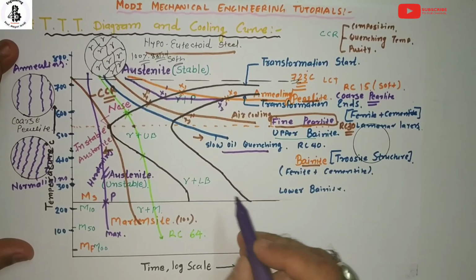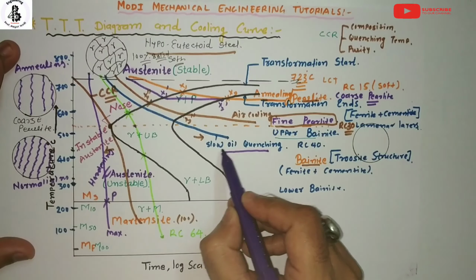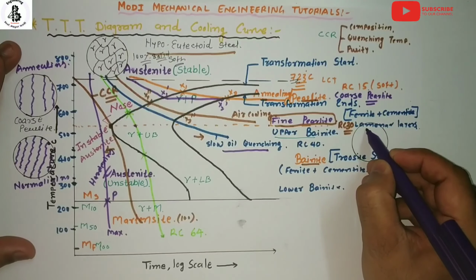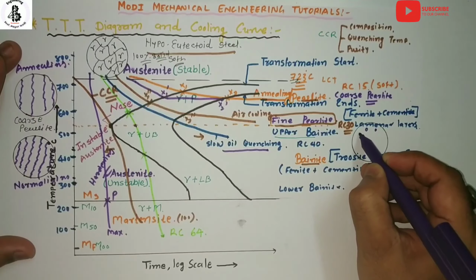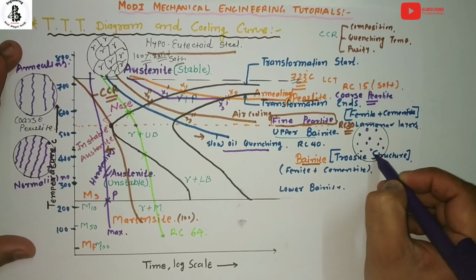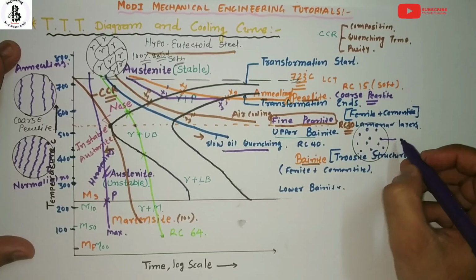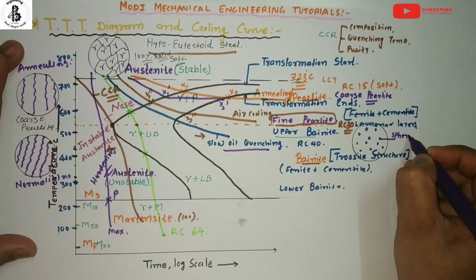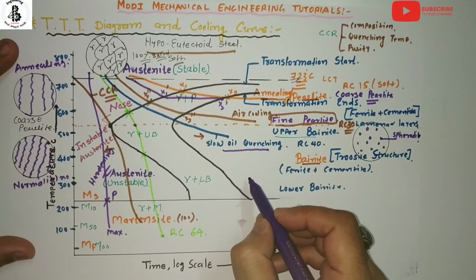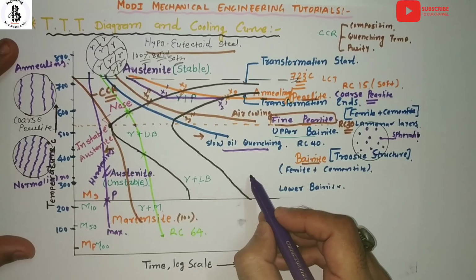Now you can see, if we follow slow oil quenching, it will make a spheroid kind of structure. Those spheroids will be in its microstructure. It will look like this. That will be your spheroid. If it is the bainitic structure, it will make a troostite kind of structure.